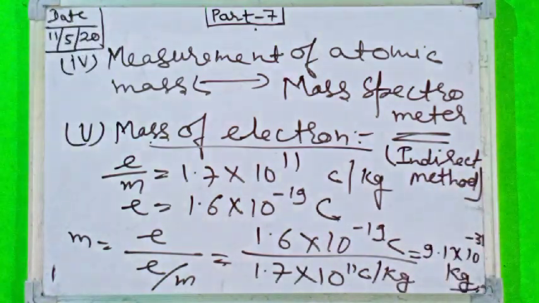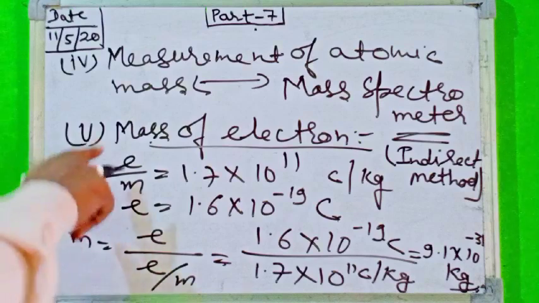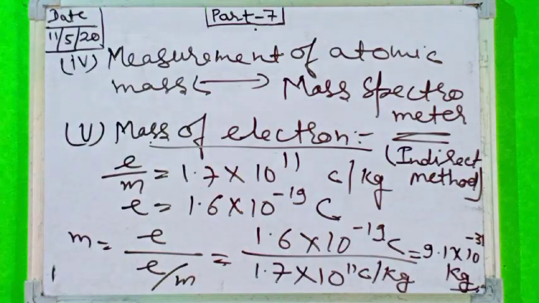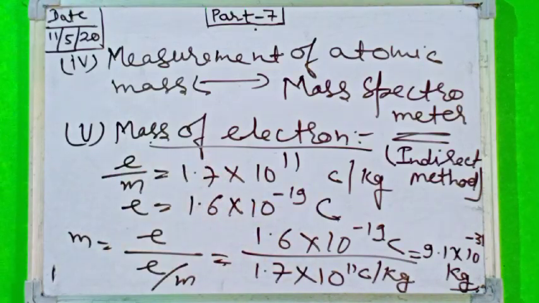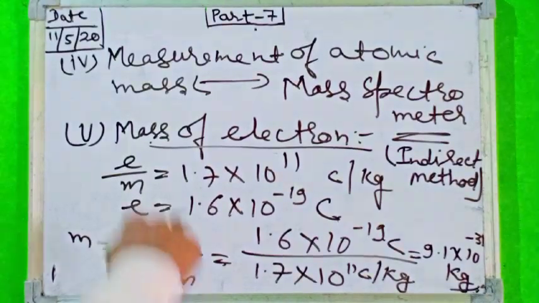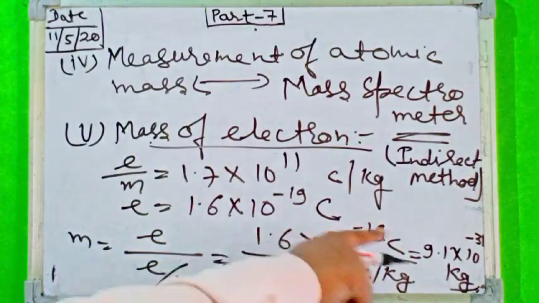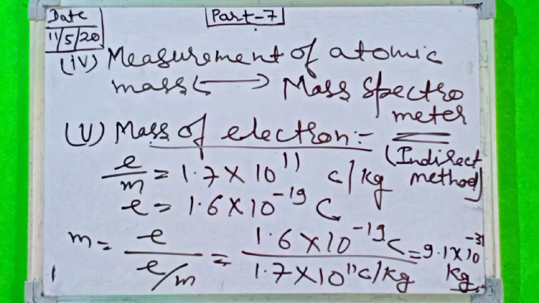In this method we calculated the e upon m ratio, and we calculated the charge of the electron, and the e upon m ratio gives the mass of electron, that is 9.1 into 10 to the power minus 31 kg. So students, this is all about the measurement of mass, the different ranges of mass, and the different mass measuring techniques for different ranges of masses.